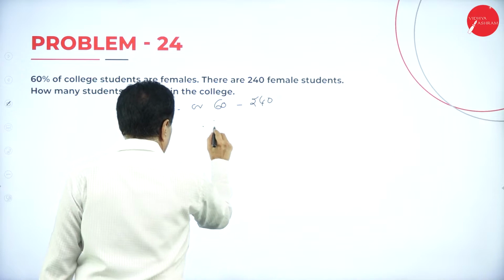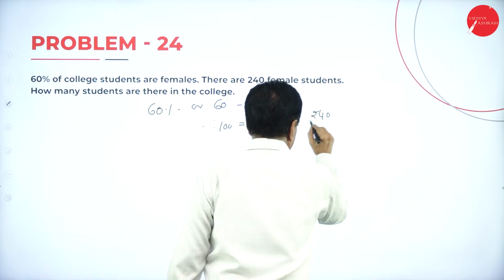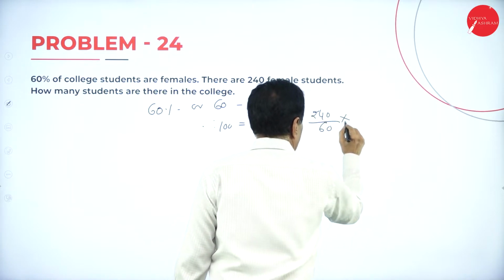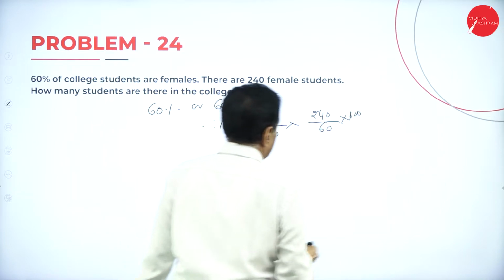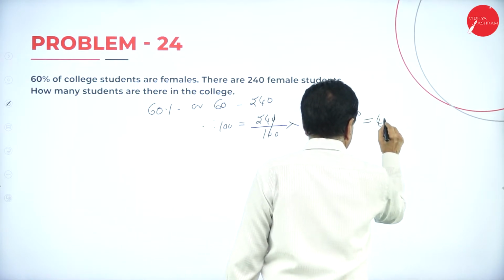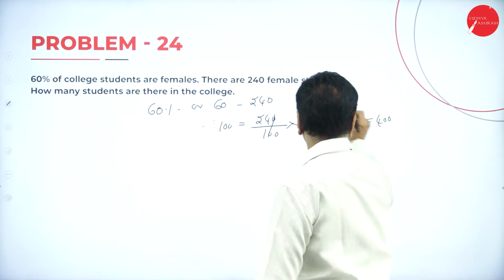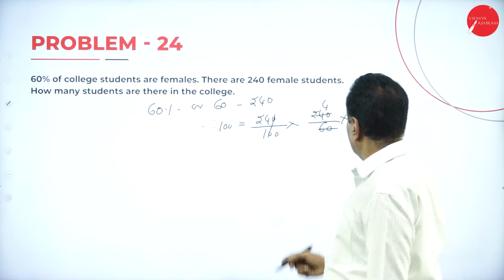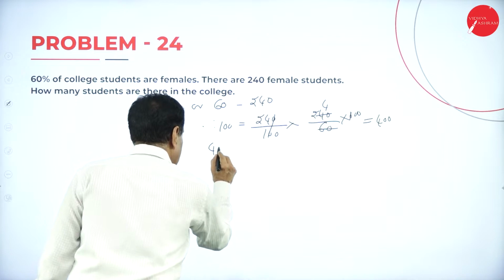Therefore, for 100, it is 240 divided by 60 into 100, which is 400 students.